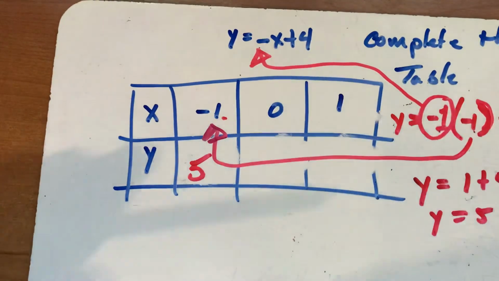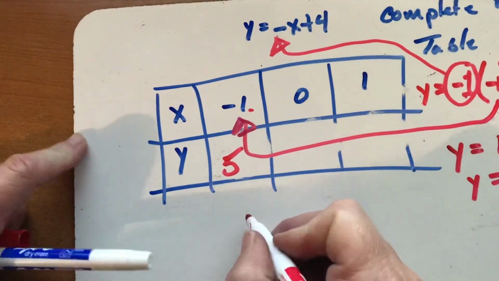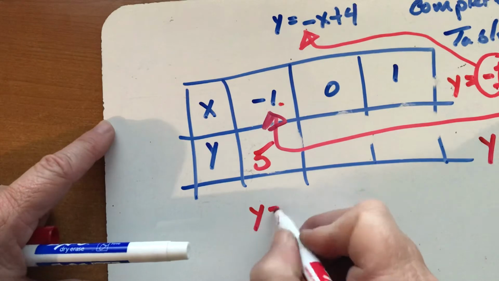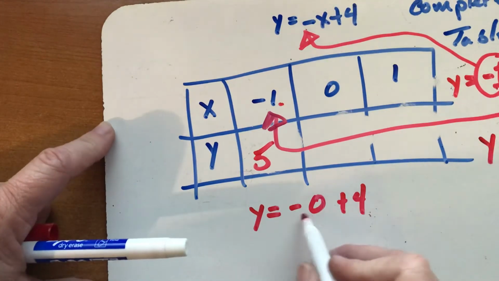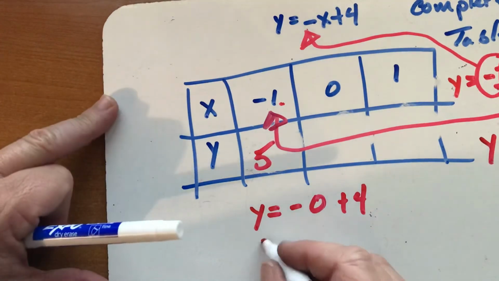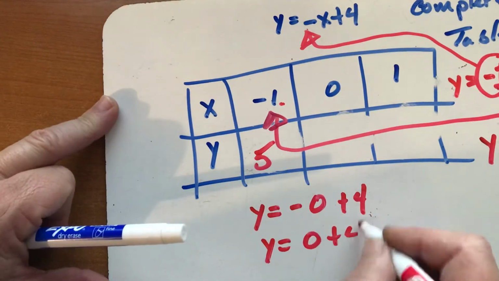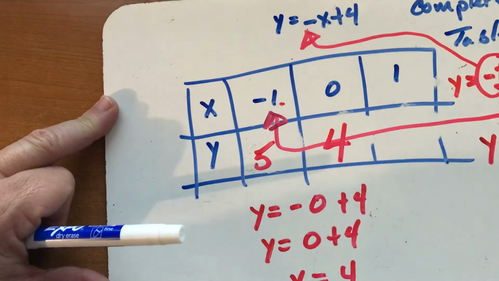Okay? The next two are easy. We don't have to worry. The negative's not going to be too much of a heartburn. So y equals -0 plus 4. If you plug -0 in your calculator, it's not going to do anything. It's just going to be a 0. It's the same thing as saying 0 plus 4, which is the same thing as 4. Okay?